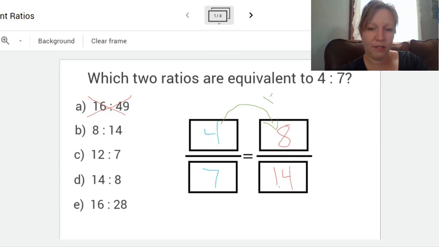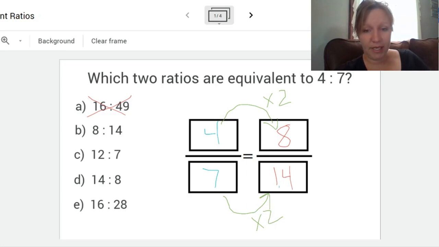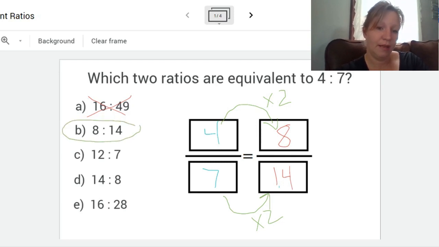I'm timesing it by 2. Okay. Same thing on the bottom. Check to see what you're doing. 7 times 2 is in fact 14 this time. So since I'm multiplying the top and the bottom by the same thing, that means that the ratio 8 to 14 is equivalent to the ratio of 4 to 7. So there's my first one that is truly equivalent.